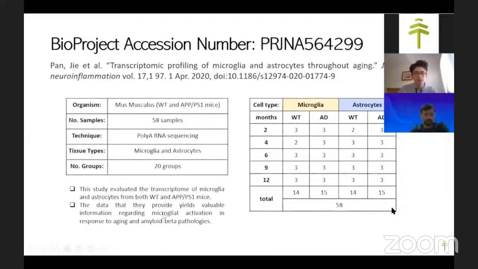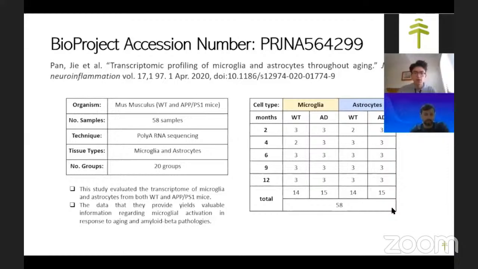I believe that the data from this data set provides valuable information regarding microglial activation in response to aging and amyloid beta pathologies, because as I had said, these mice, APPPS1 mice, show elevated levels of amyloid beta plaques.